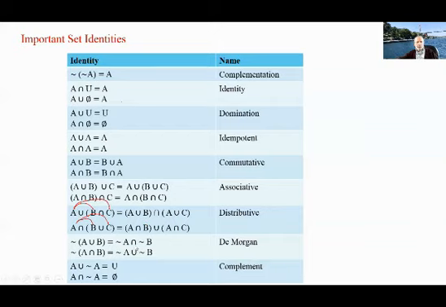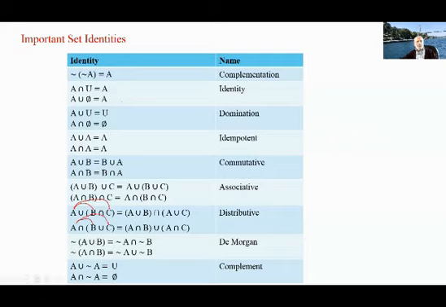Those are the De Morgan laws. The complement of the union is the intersection of the complements. The complement of the intersection is the union of the complements. Obviously, A union A bar, the complement of A, is the universal set, as I mentioned earlier, and A intersection the complement of A is empty.